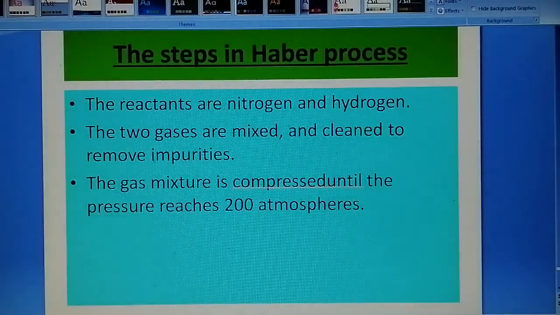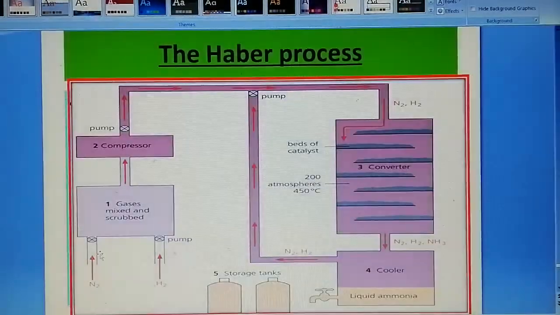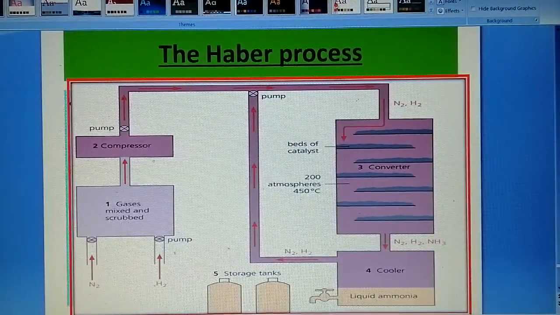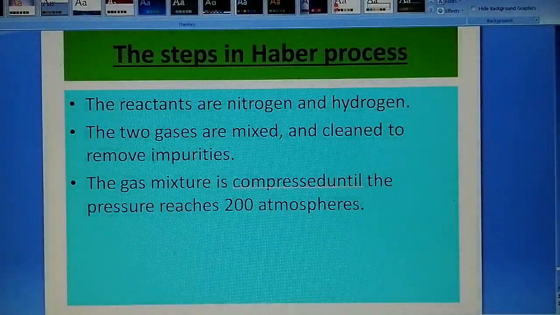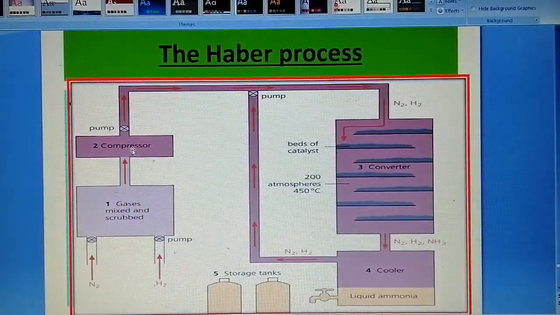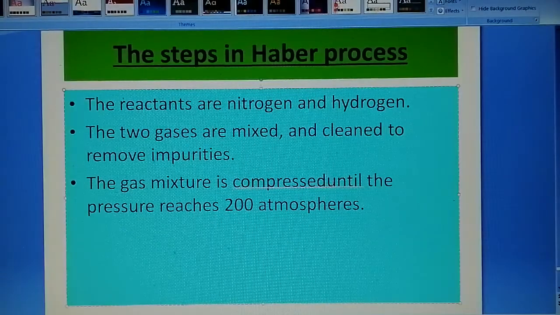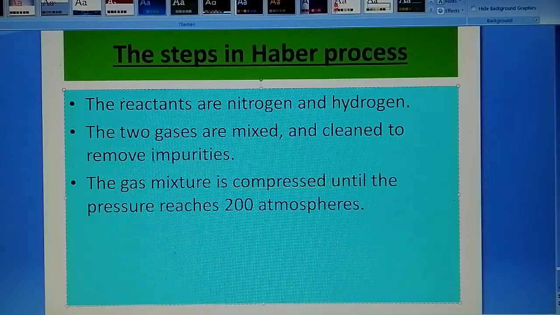Now the steps. The two gases are mixed and cleaned to remove the impurities, and here you can see they go to the compressor directly. It is compressed until the pressure reaches 200 atmosphere.